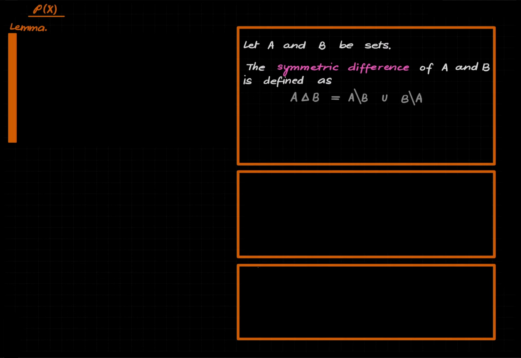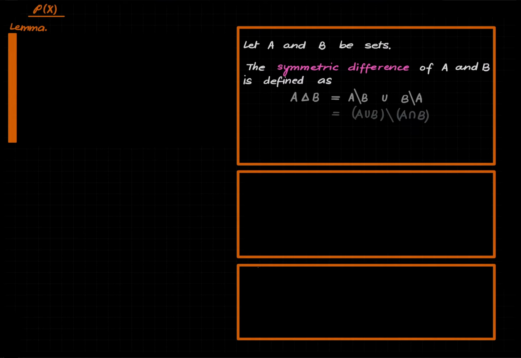So what is this notation now? What does this mean? This is those things which are in A but not in B. And what is this? This is those things which are in B but not in A. And you take the union and you can easily see that this is also equal to A union B, and you take away the intersection. Right?